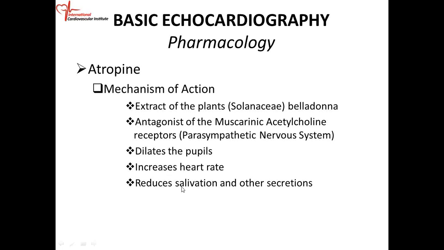And atropine reduces salivation and other secretions. So patients who are poisoned with nerve gas, they usually use some atropine derivative to counter that, because a lot of times these nerve gases produce tremendous secretion, and you can drown in your secretion.